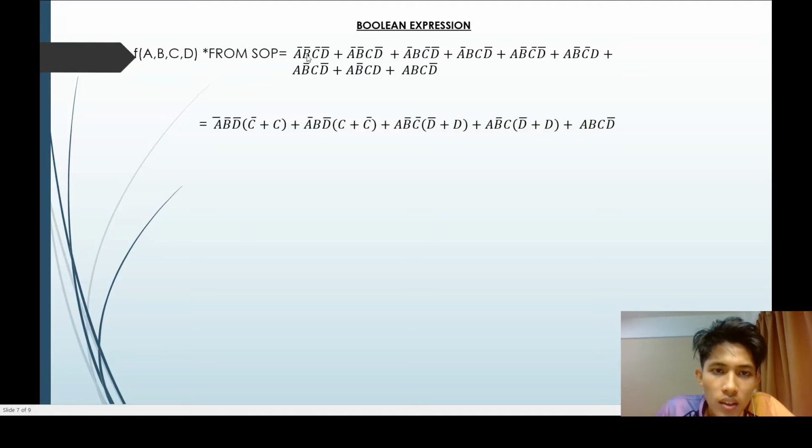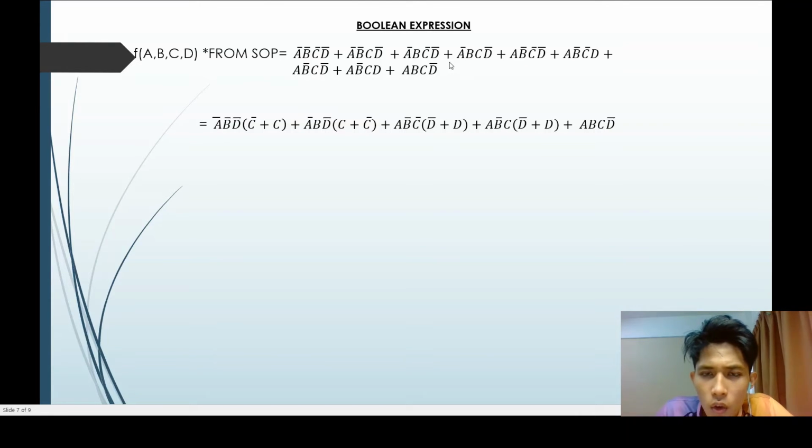So we can see that A bar B bar C bar D bar plus A bar B bar C D bar. We can see that A bar B bar D bar is the same, so we can factorize. We will get C bar plus C, because this one is C bar and this one is C. The next one is the same situation: A bar B C bar D bar plus A bar B C D bar.